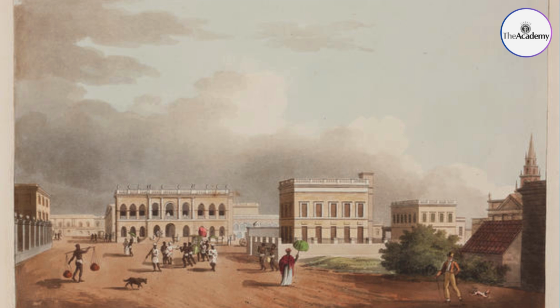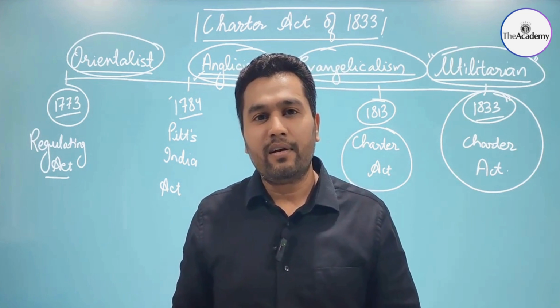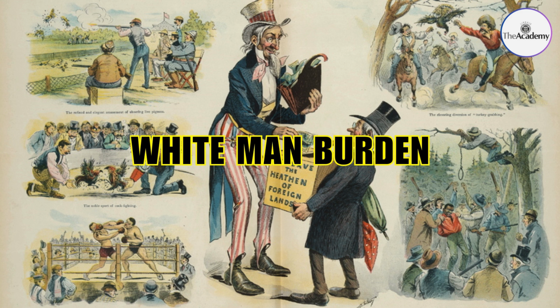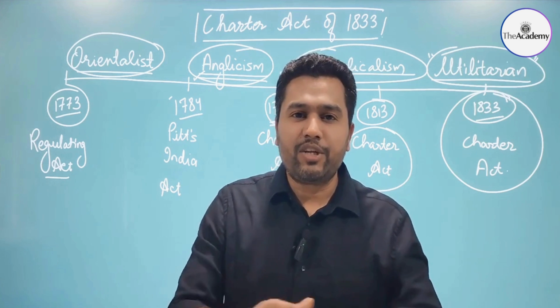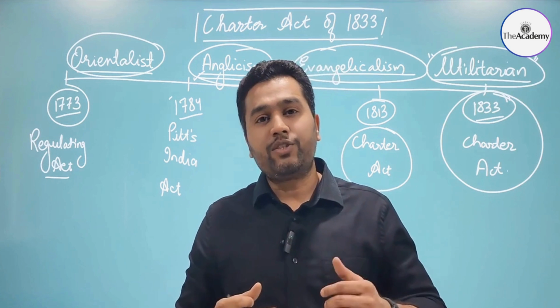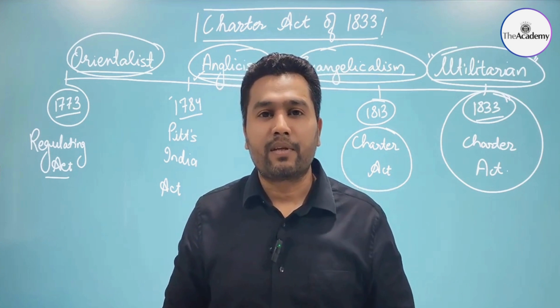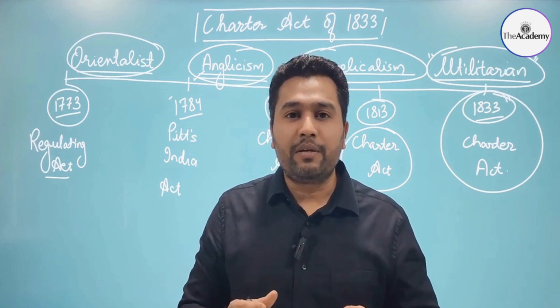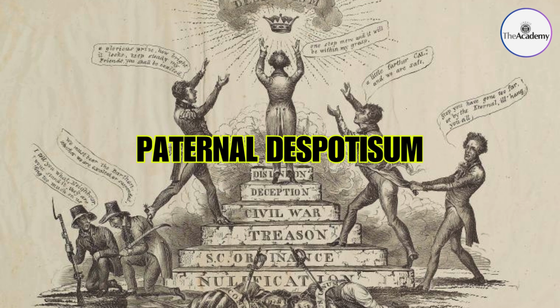So by the 1830s and 40s, the British rule, with the ideology of white man's burden, a spirit of racial superiority, racial discrimination, and with the reformist trend of liberalism, started imposing paternal despotism.